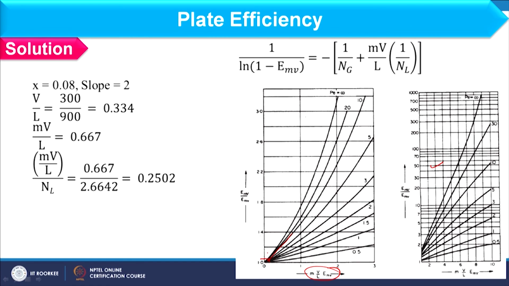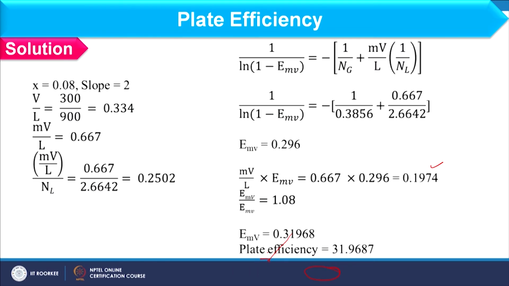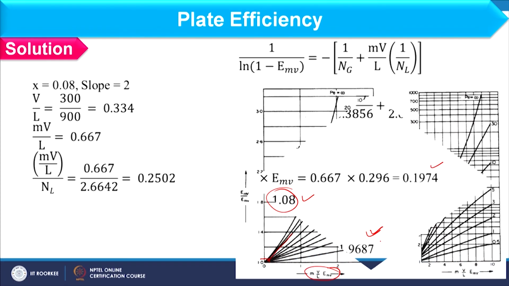So, the value will be very close to 1. If we see EMV by EMV small, the value should come as 1.08, that we can obtain by carefully seeing the graph. So, plate efficiency we can obtain as 31.9%. Fine. In this way we can solve the example.